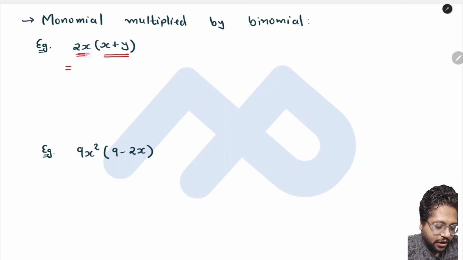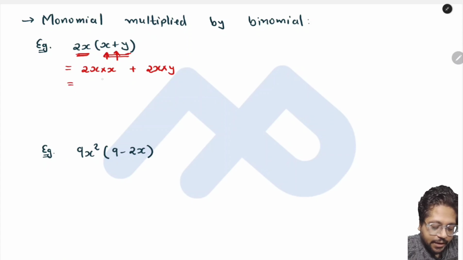So what I'll do, I'll multiply this 2x with a single term x, the first term, and then again there is a plus sign in between, so I'll write plus, and then 2x will be multiplied with y also. So this 2x will be multiplied with x plus this 2x multiplied with y also. Because there is a plus sign between x and y, I put a plus sign here also.